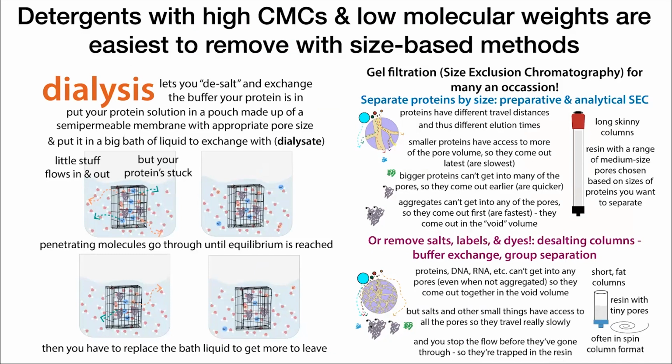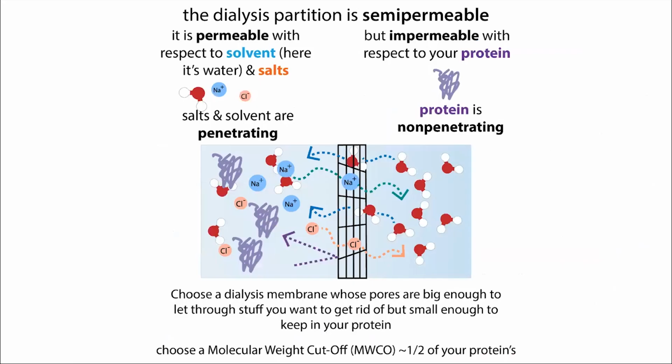If you have really big micelles, and those micelles aren't coming apart, like dissociating into individual detergent molecules, because you have a low CMC, or even at low concentrations form these micelles, it's going to be hard to remove it by one of these methods like gel filtration, like size exclusion, or like dialysis, where basically you have a solution in a little pouch, and big things can't get through the pouch, whereas little things can.